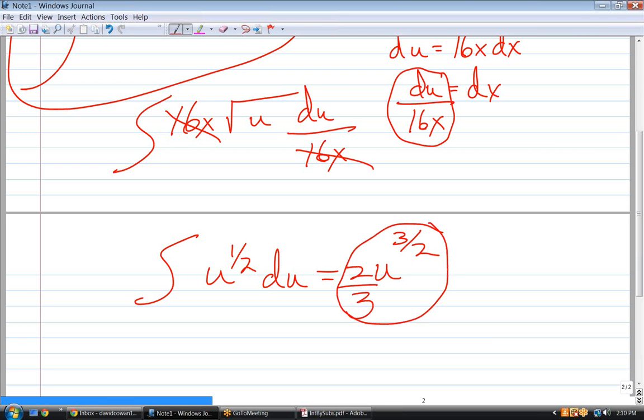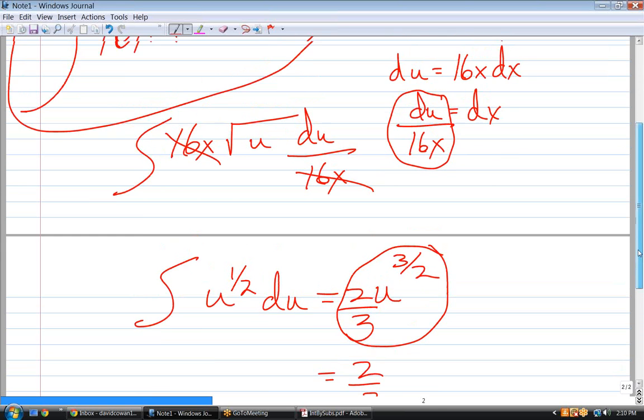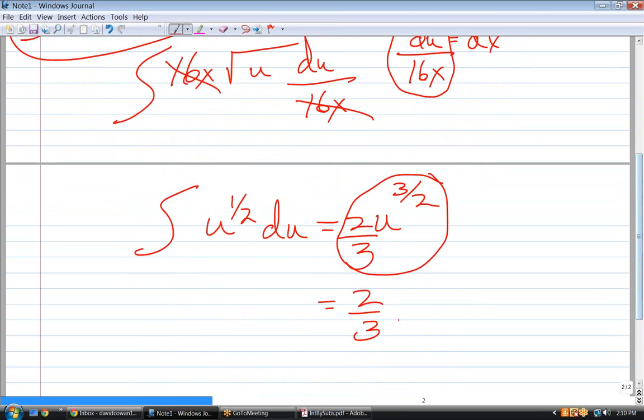Now we go back and we substitute what we let u equal to. Well, u is equal to 8x squared minus 1. And there's our answer.